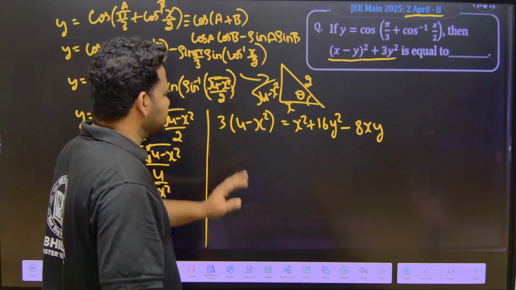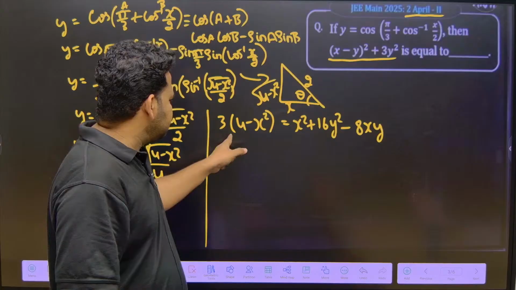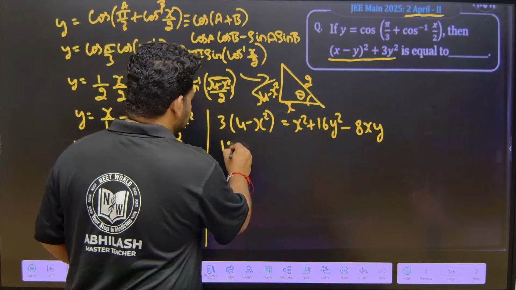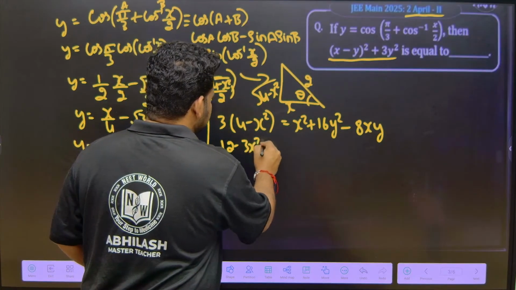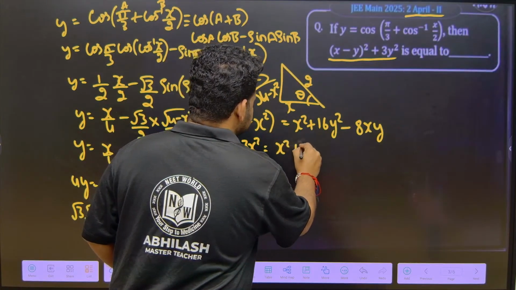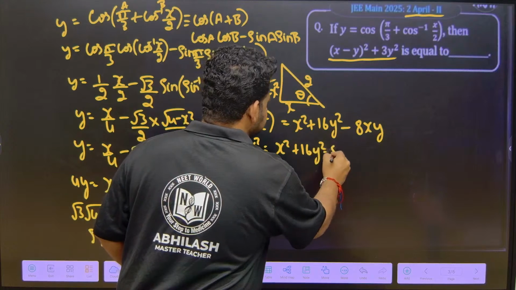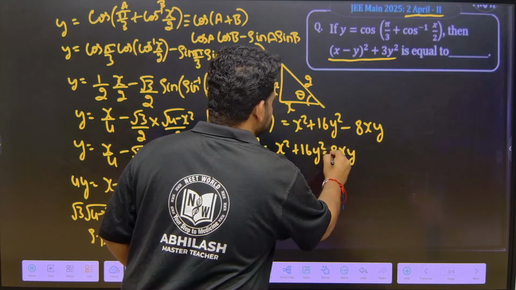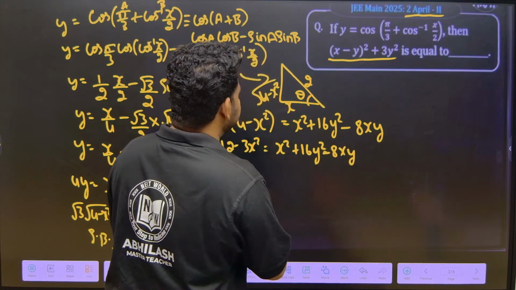Please have a look at it. So 3 into 4 becomes 12 minus 3x square, which is equal to x square plus 16y square minus 8xy. Let me send everything to one side.